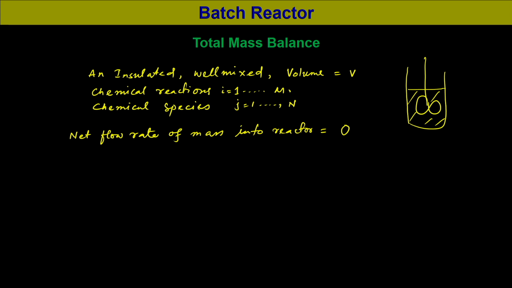Now, the rate of production of mass within the chemical reactions would also be 0, as we have seen earlier that mass is conserved in any chemical reaction if there is not a huge change in energy like in nuclear reactions, where mass change is significant due to the evolution of a huge amount of heat.